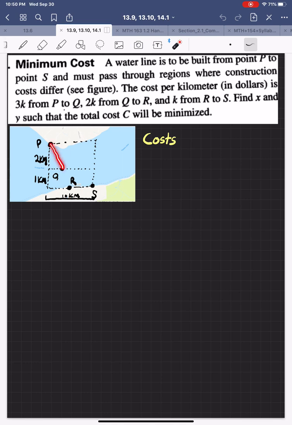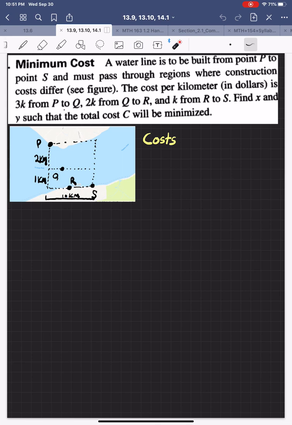So what we're going to assume is that within this region right here, you could go from point P. If you stopped here, that's going to be point Q. Just imagine that point Q can be anywhere in this region. But wherever it is, anything in this region has construction costs of $3,000 per kilometer.